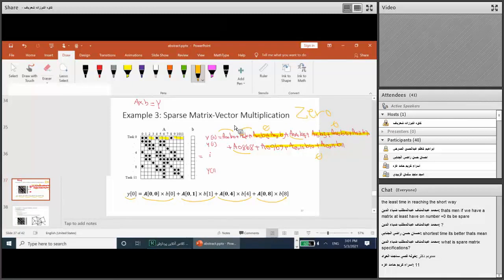Just these four multiplications, 4 multiplications instead of 12 multiplications. Any question?